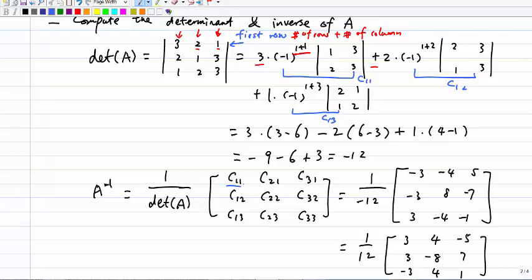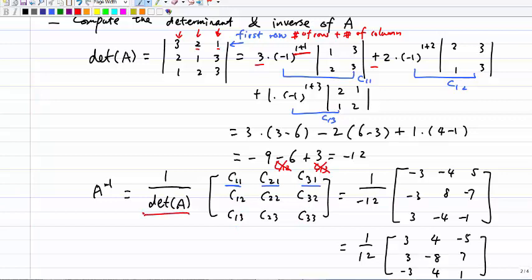But note that in the inverse, it's not C12 or C13 in that position; you switch from row to column. Basically, the first row becomes the column: C11, C12, C13, then C21, C22, C23, and C31, C32, C33.